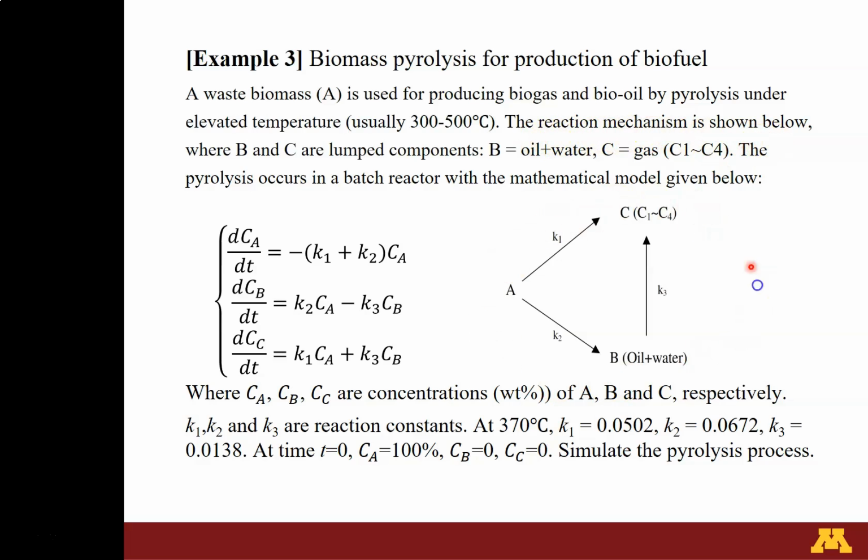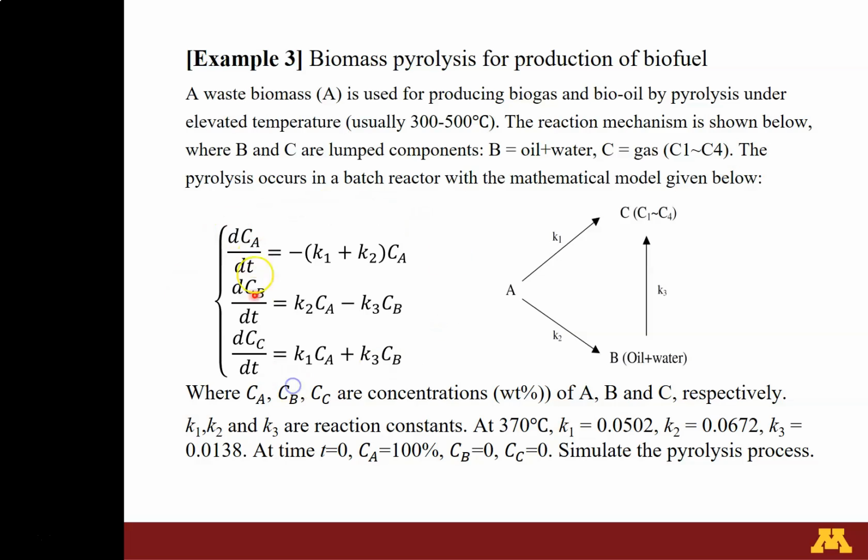The feedstock, biomass, goes through several reactions. It is converted to B, and B is the oil plus water. Product C is the carbon 1 to 4. We use lumped parameters, lumped components.